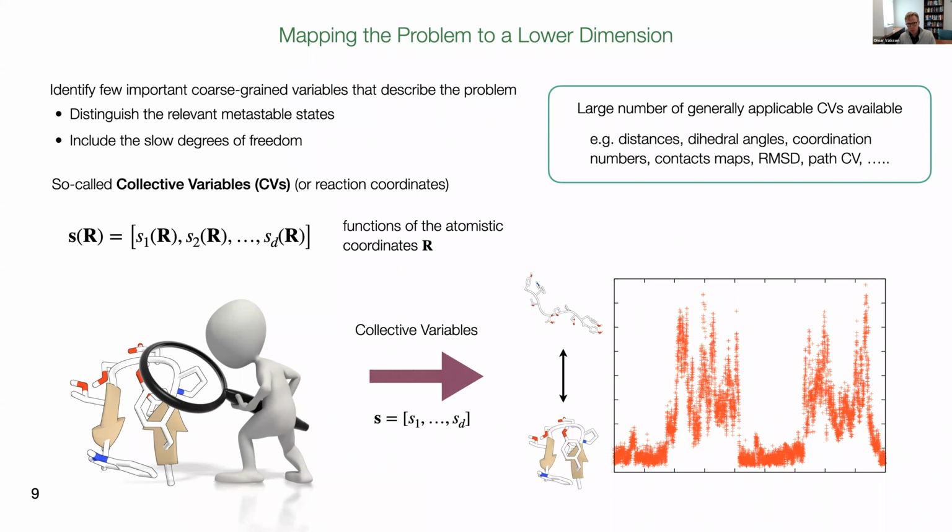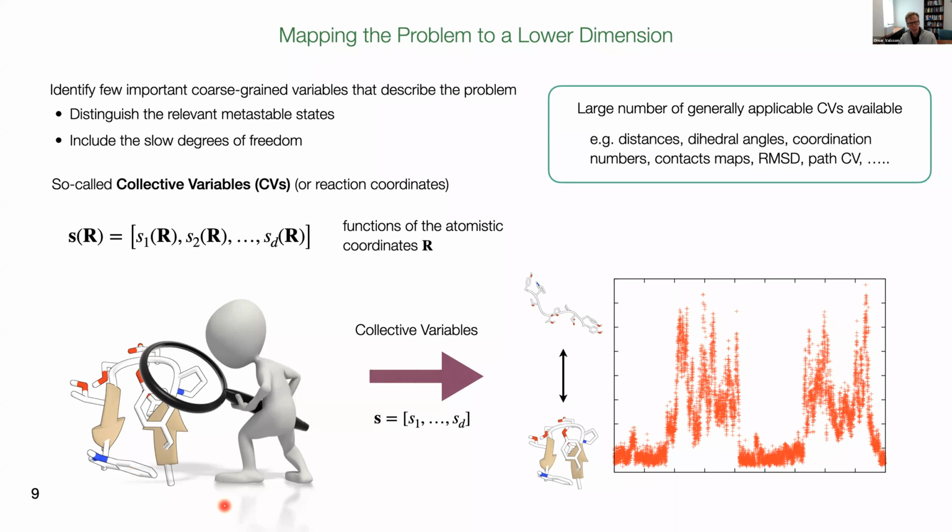So the idea is that we identify a few important coarse-grained variables that describe the problem at hand. By that I mean that they distinguish the relevant metastable states and include the slow degrees of freedom in the system. Normally this would be done by using physical or chemical intuition.